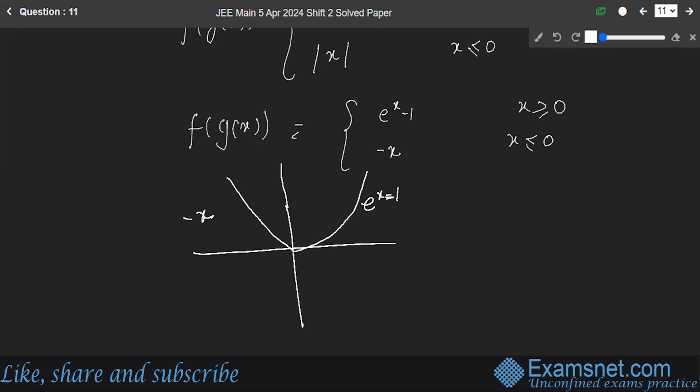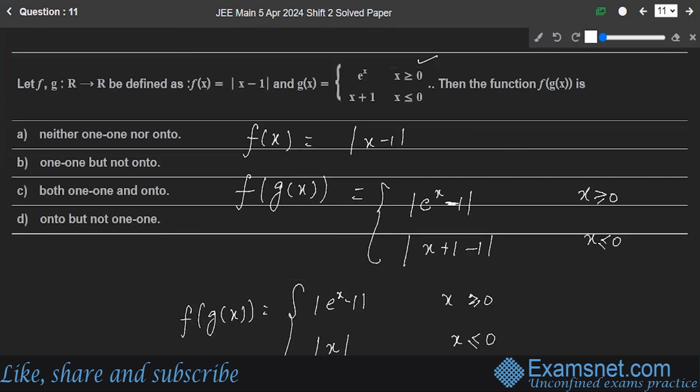So you can easily see this is neither 1 nor 2. Right? So which is the right answer to the question? Option A is the right answer to the question. Hope you got that. Let's move to the next question.